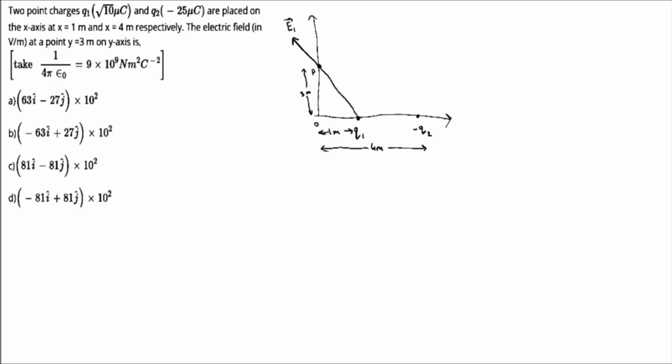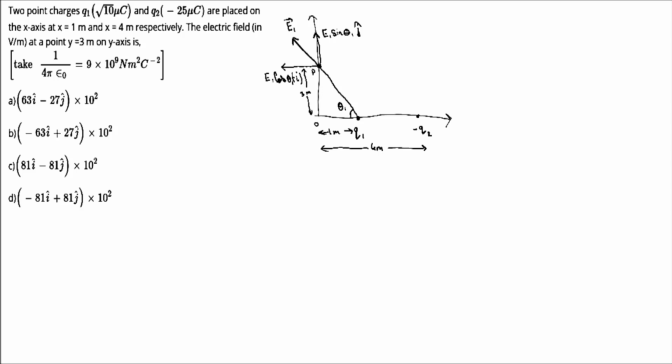Now if we consider that it is making an angle theta 1, we will have two components of this E1: E1 cos theta 1 in the minus i cap direction, because it is negative to i cap, and E1 sin theta 1 in the plus j cap direction.